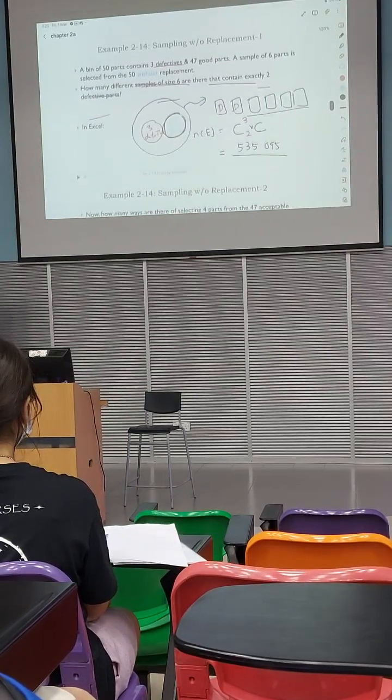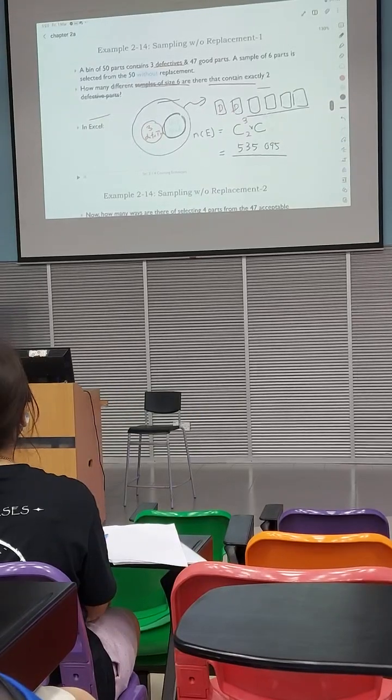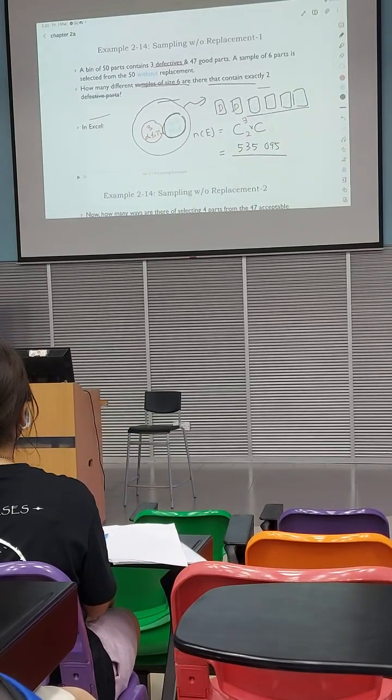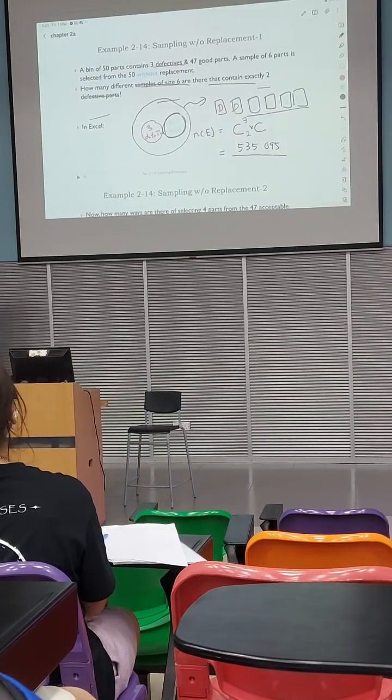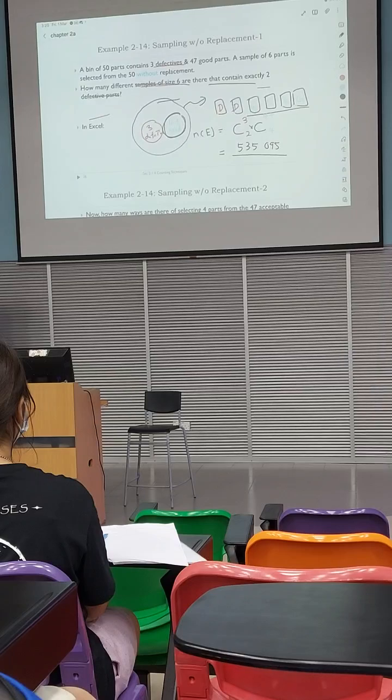Remember this example? Now, if I ask you to find the probability, just now we calculated the number of events. Back to this example, how should I calculate the probability of this event?